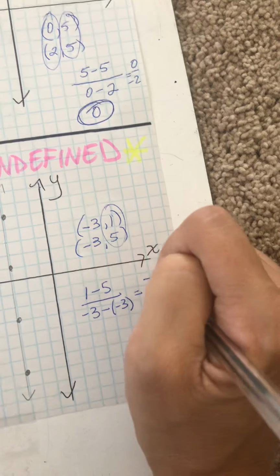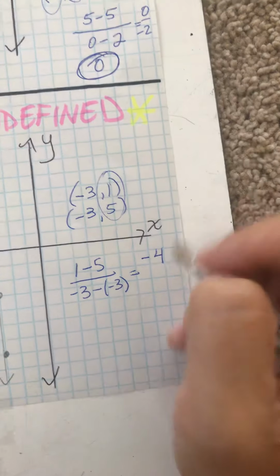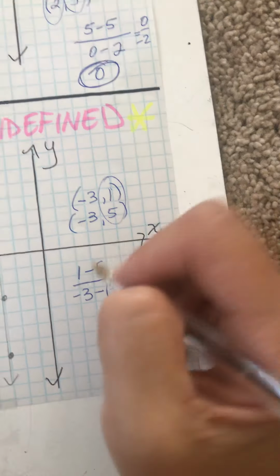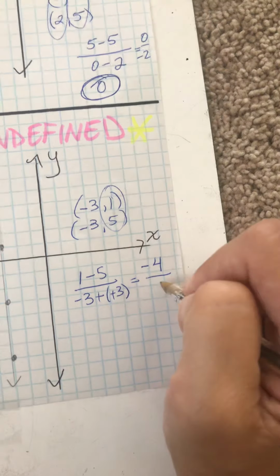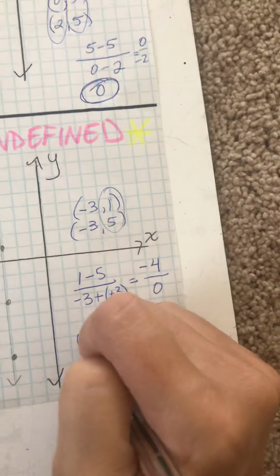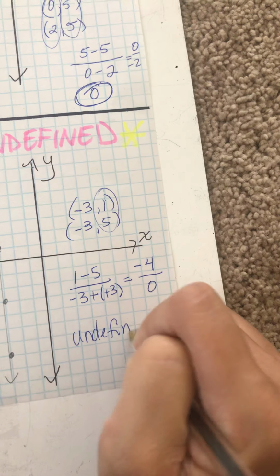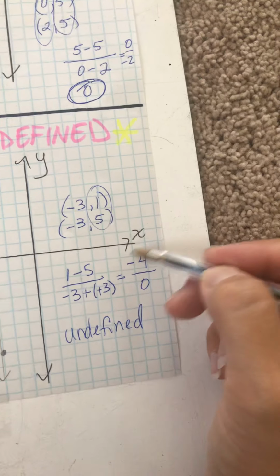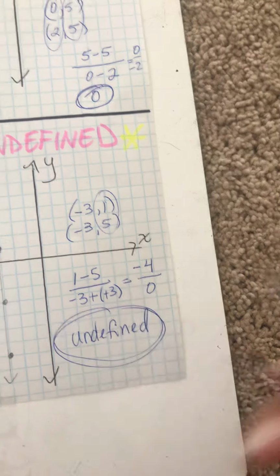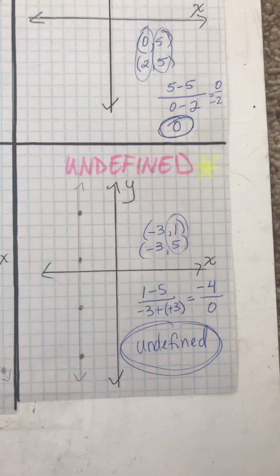And so this would be a -4. Anything minus itself, or keep, change, make it its opposite, that would be 0. And if you plug that into the calculator, it would give you a big error. And so basically any number divided by 0 is what we call undefined. There is no definitive value.